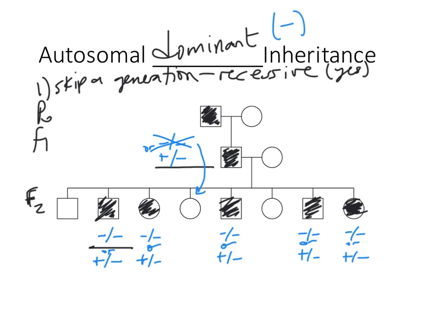So that lets us, let's see, what's the F1 mom's genotype? Yeah, it has to be plus plus because we're talking about a dominant mutation. If she had at least one minus, then her symbol would be filled in as well. So now you should be able to tell me all of the genotypes of all of the F2 kids. Are the filled in symbols minus minus or minus plus?